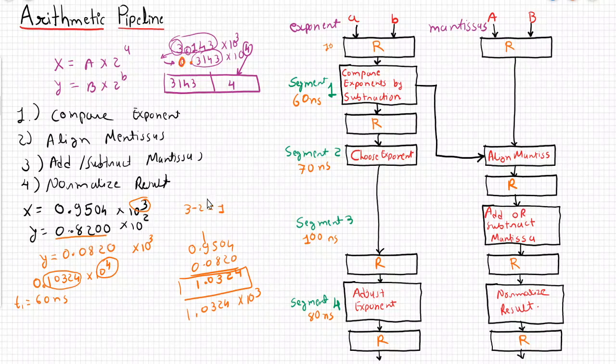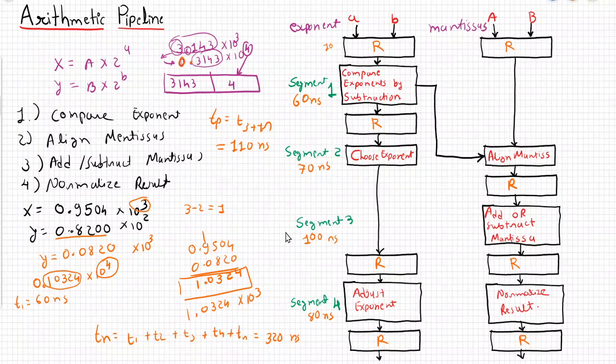First of all, what total time will be required? In a pipeline system, TP equals T3 plus TR, so it will be 110 nanoseconds. The equivalent non-pipeline system adder-subtractor will have a delay of Tn equals T1 plus T2 plus T3 plus T4 plus TR, which is 320 nanoseconds.